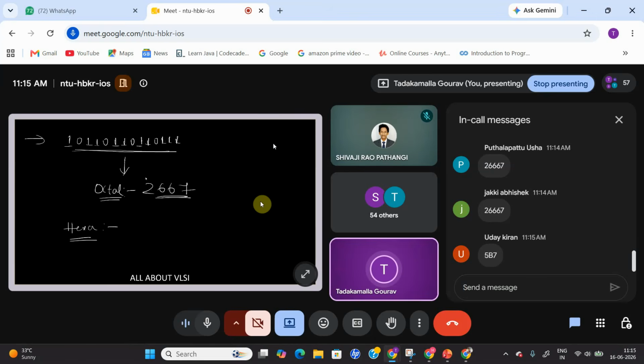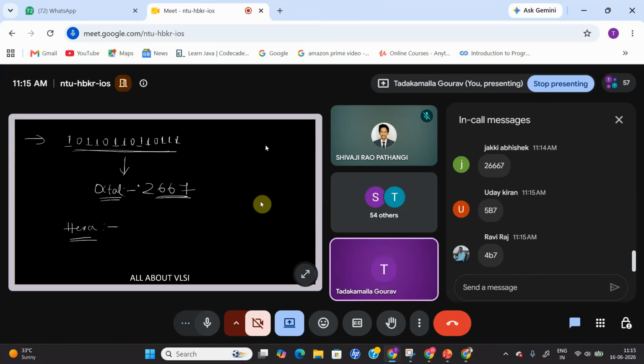Great, I got one answer. And what about the remaining people? Is the answer correct? I'm getting different answers. One is 5b7, another is 4b7.